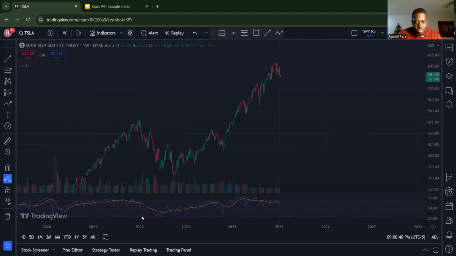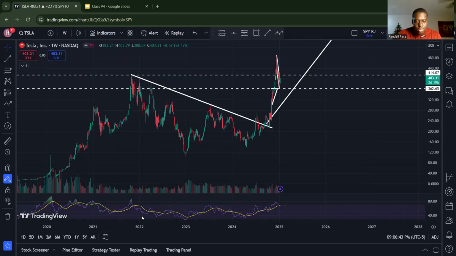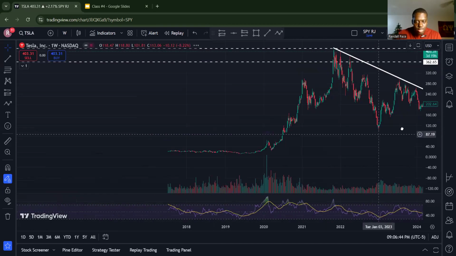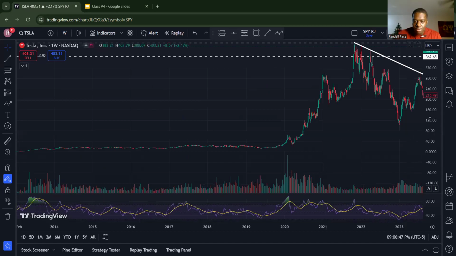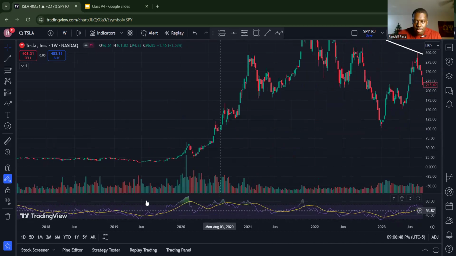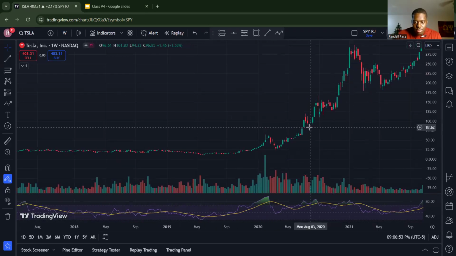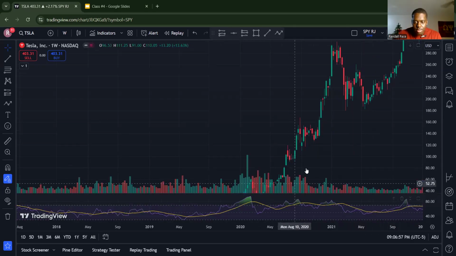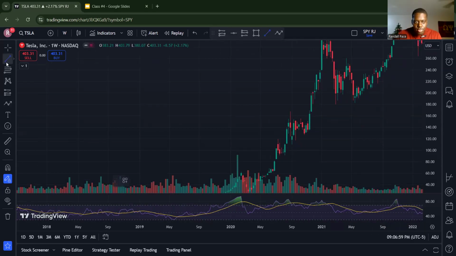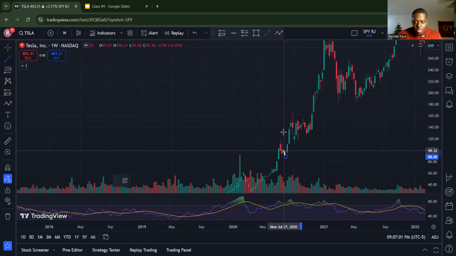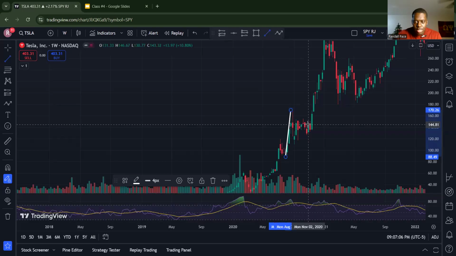I think Tesla had a pennant pattern right here. Tesla got this up move.